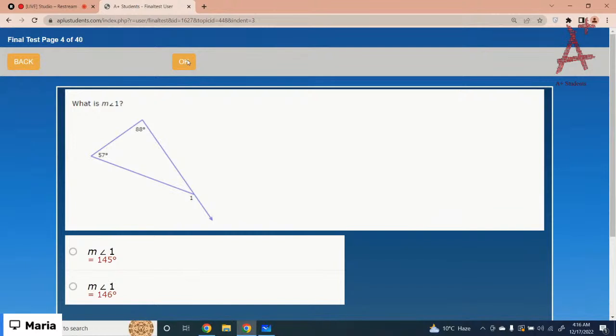Got it? Because angle 1 is an exterior angle, it would be 145. So select the correct option and click on the OK button.